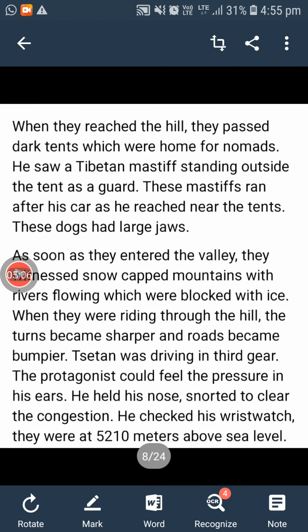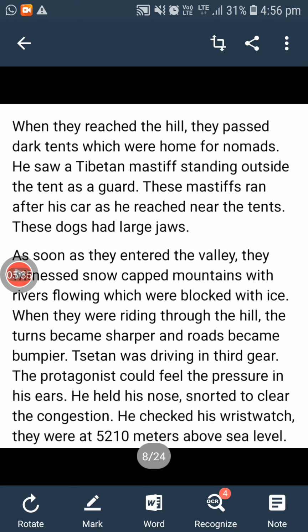When they reached the hill, they passed dark tents, which were home for nomads. He saw a Tibetan Mastiff standing outside the tent as a guard. These mastiffs ran after his car as he reached near the tents. These dogs had large jaws.